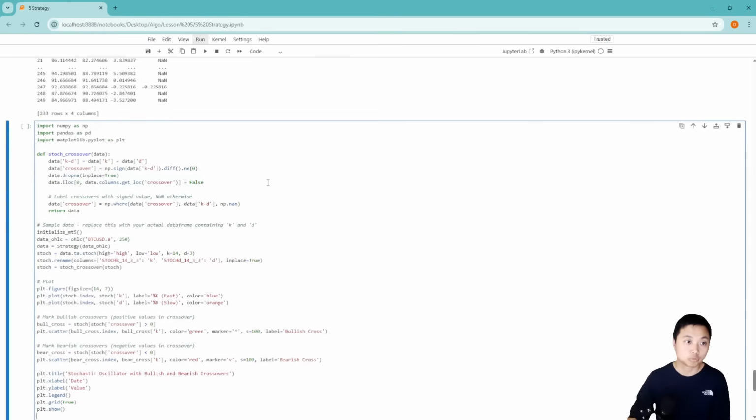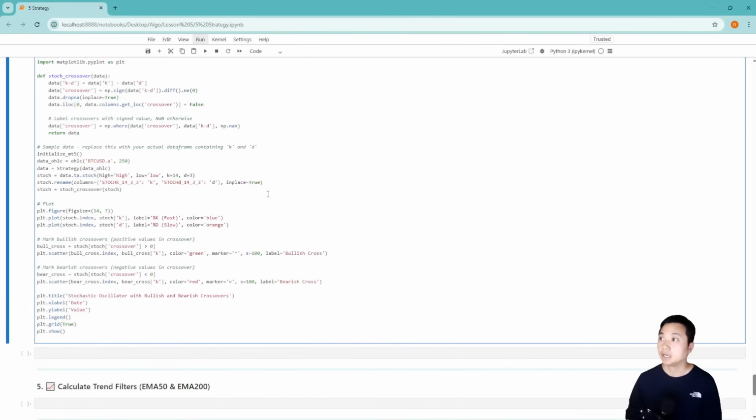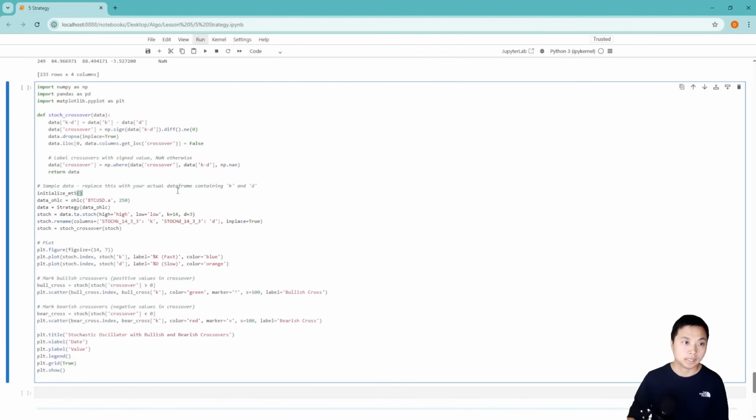plot showing the %K and %D lines along with the bullish and bearish crossover points. I'm not going to go too deep into the plotting code here, but basically we're just repeating all these functions that we've already built.